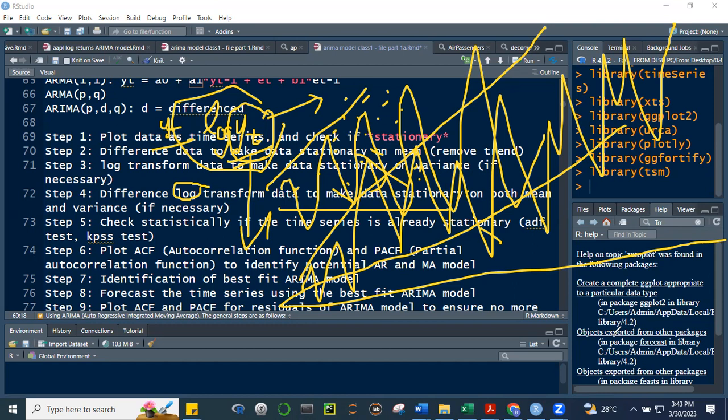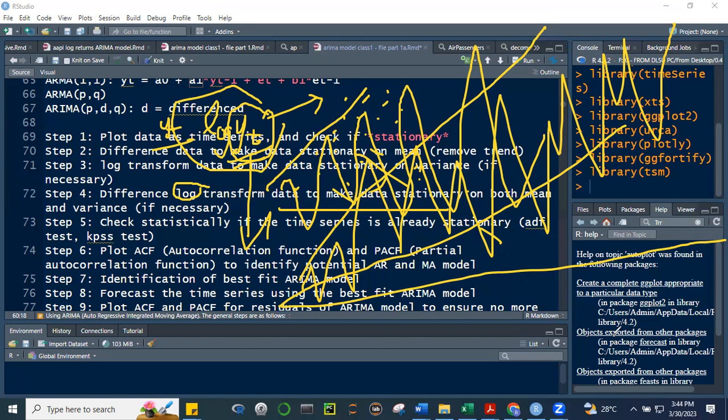Which should come first? Getting the log and then the difference, or getting the difference and then the log? What do you think? And why? Class, anyone? Volunteer?